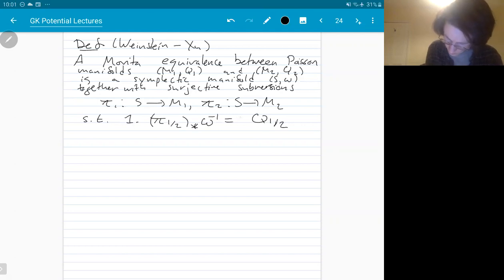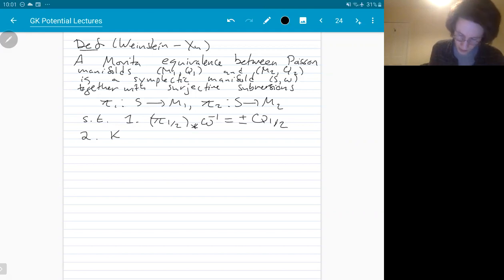Actually there's a little sign issue: one of them pushes forward to positive the Poisson structure, the other to minus the Poisson structure. Anyways, that's not a big deal.